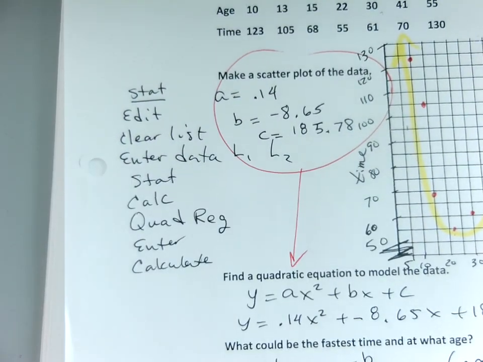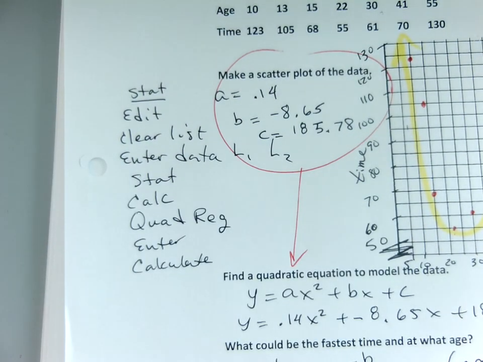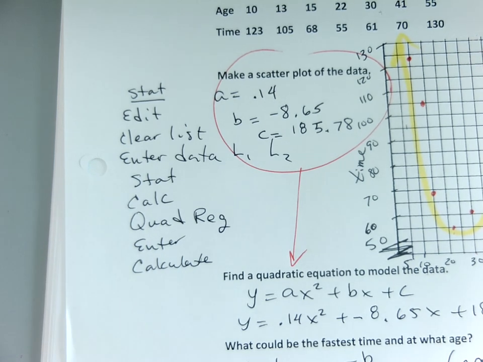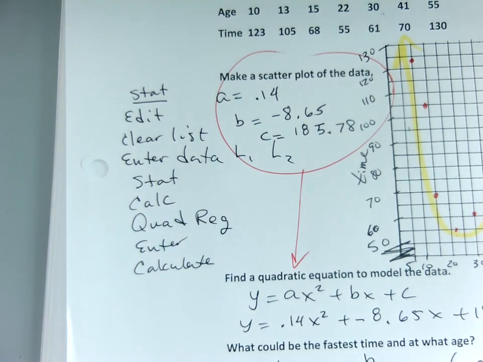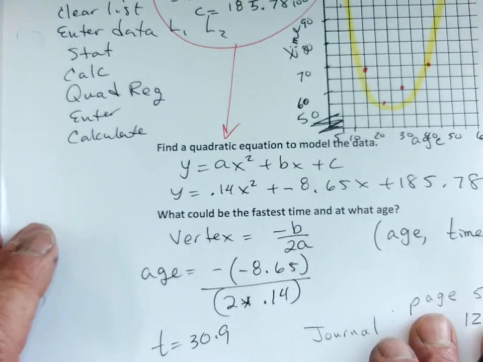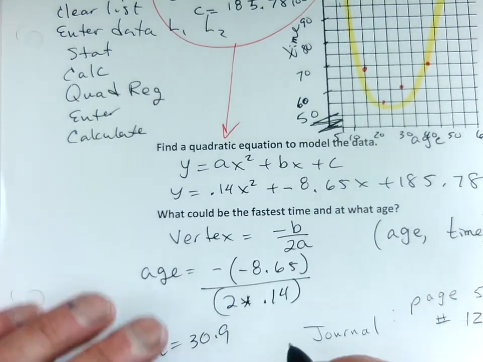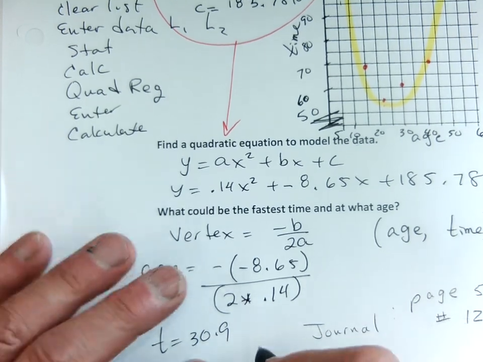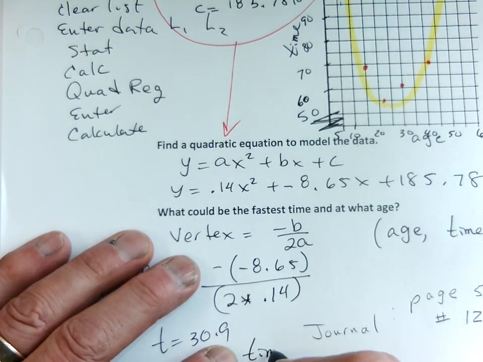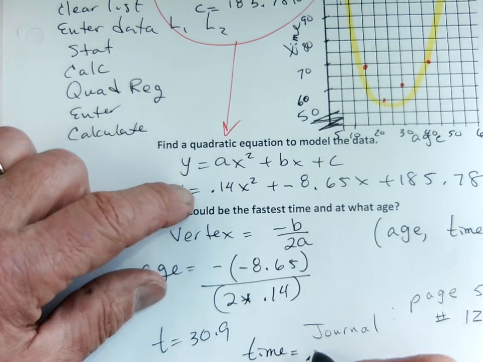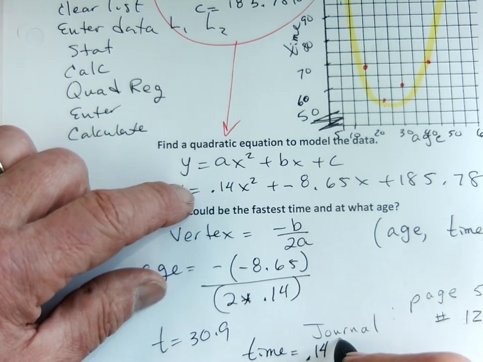Okay. So then, we know the age. How do we find his time or her time? Plug it in, right? So we want the time, we just plug it in. So if I want to find the time, I plug it in. Wait, I thought you just found the age.